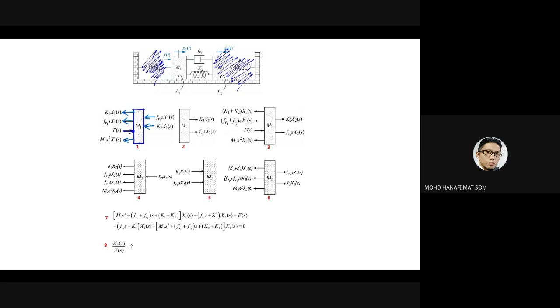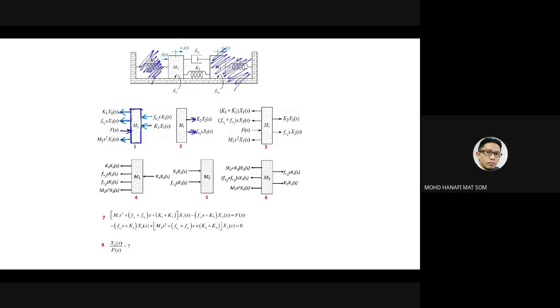It will move M2 in the X2 direction, and the movement due to the motion of M2 is in the direction of F. We have K2 X2 and we have FV3 S X2.